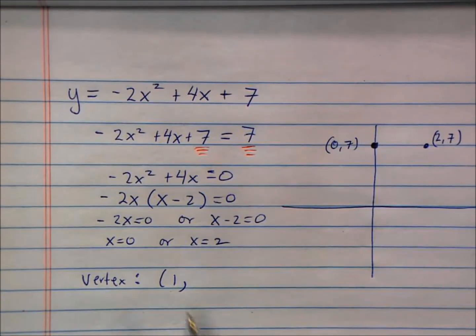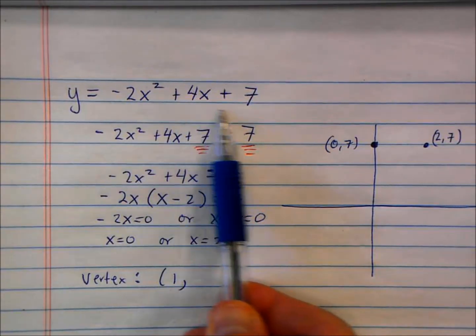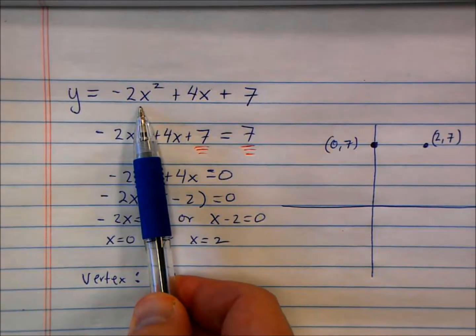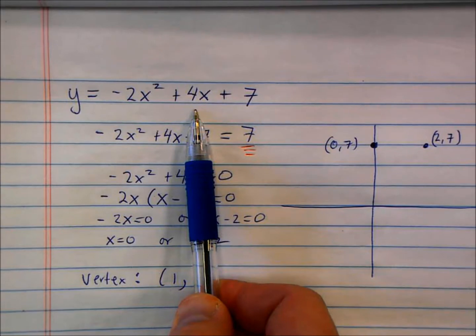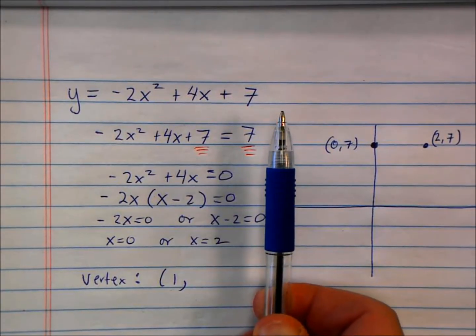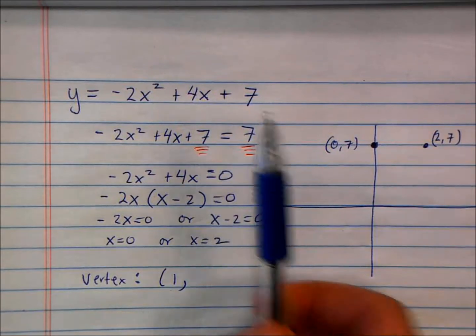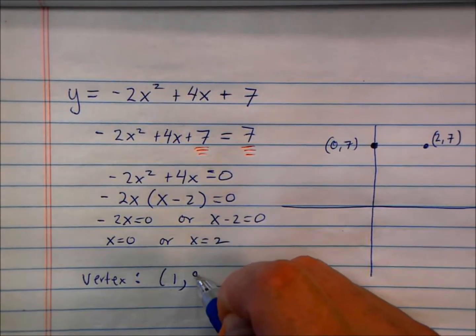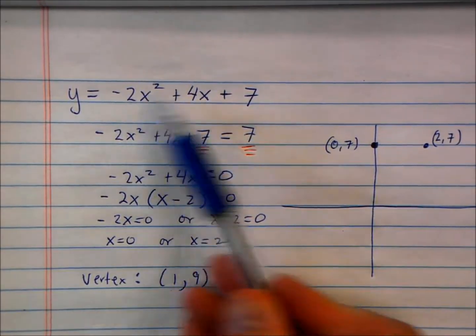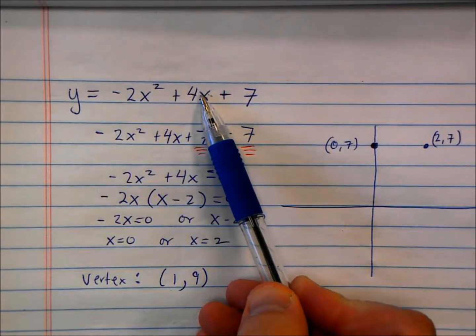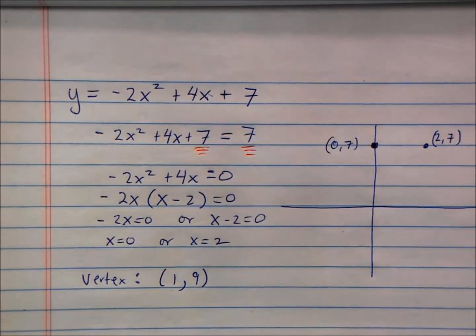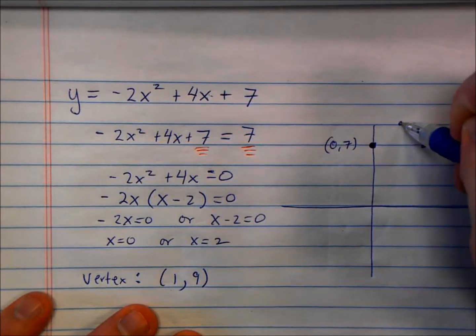I take 1 and I plug it into my formula. I get negative 2 plus 4 plus 7. How much is negative 2 plus 4 plus 7? 9. Negative 2 plus 4 is 2. And then 2 plus 7 is 9. So I got 1 comma 9. That's right about there.